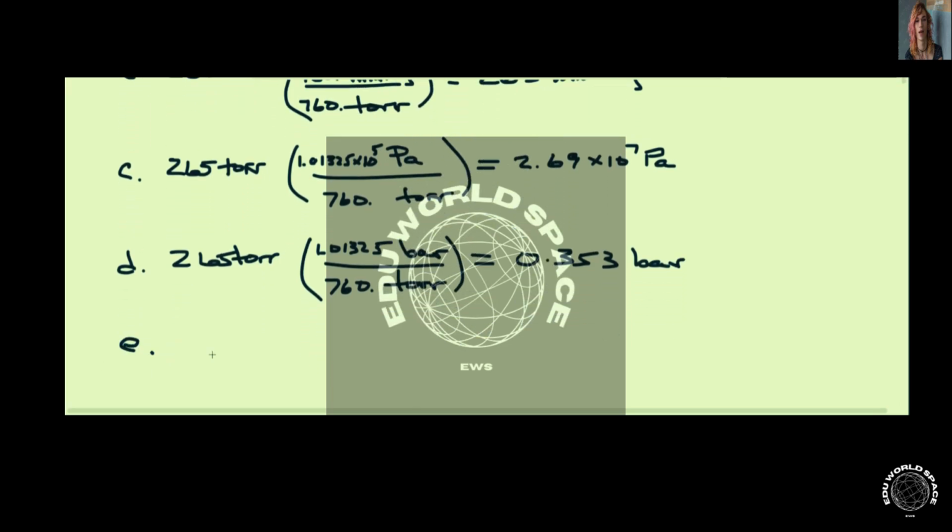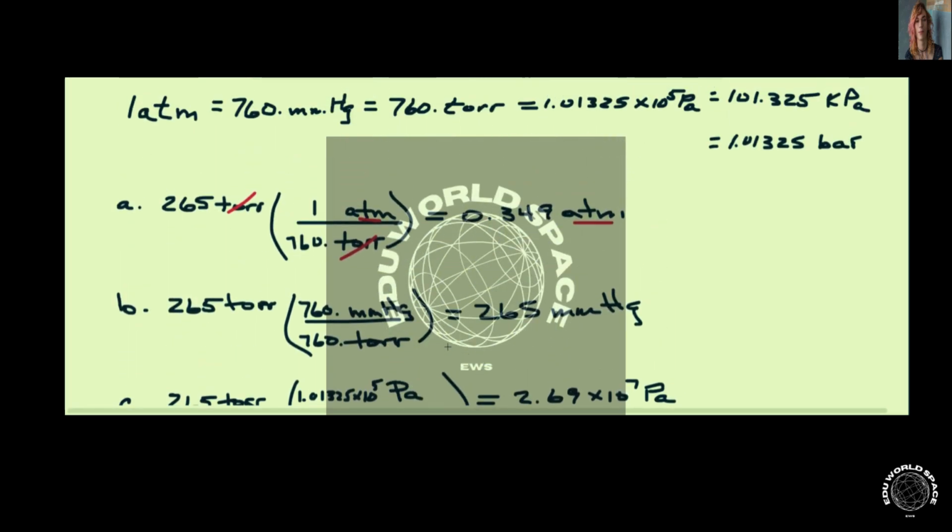And finally, if we were to look at PSI, 265 torr, and torr will go on the bottom, PSI will go on the top, and I'm not sure I gave you PSI. I did not. So I will also tell you that it equals 14.69 PSI.